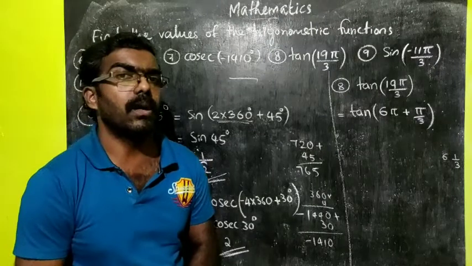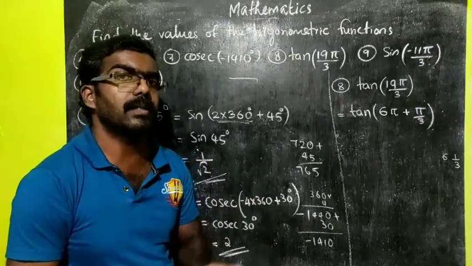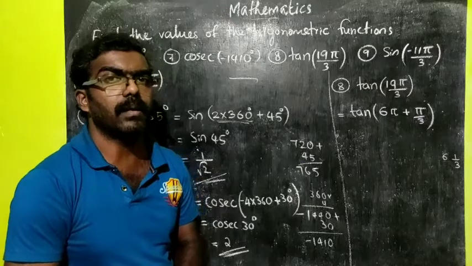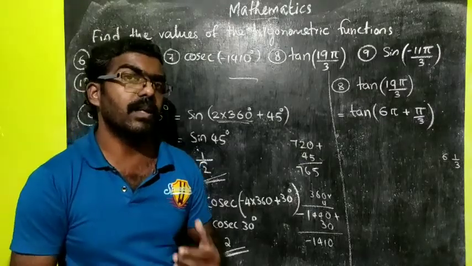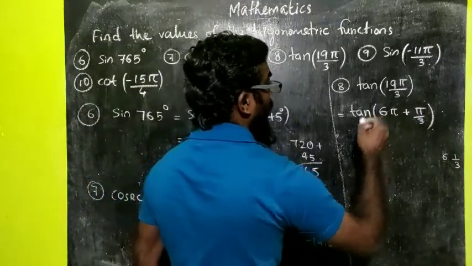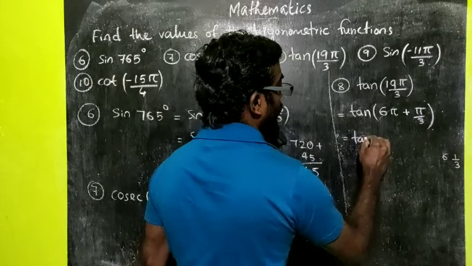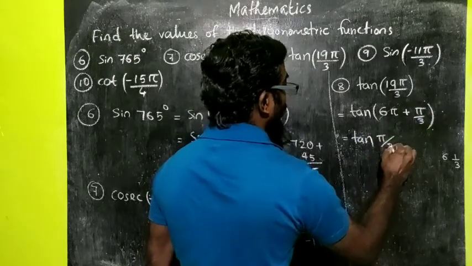And I already told you tan x and cot x value repeats after the interval of pi. Okay, the value of tan x repeats after the interval of pi. So here we can reject this value 6 pi. So tan of 6 pi plus pi by 3 can be written as tan pi by 3.